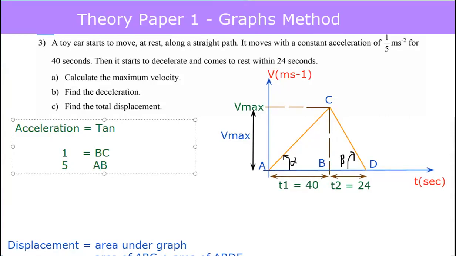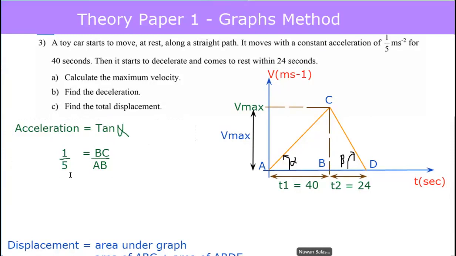Can you do the rest and find something from this? What can you find from this? Give a try. Sorry, alpha. Tan alpha, right? So acceleration is given as 1/5, that is BC over AB, right?